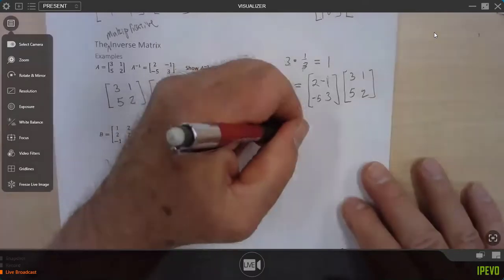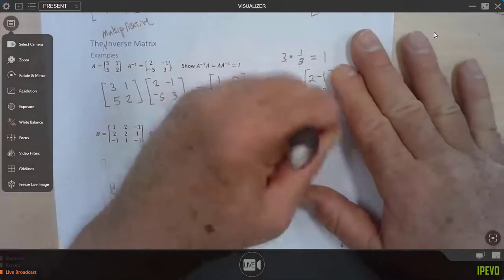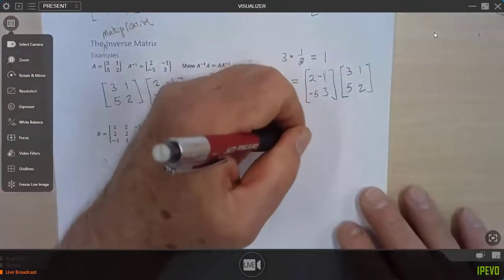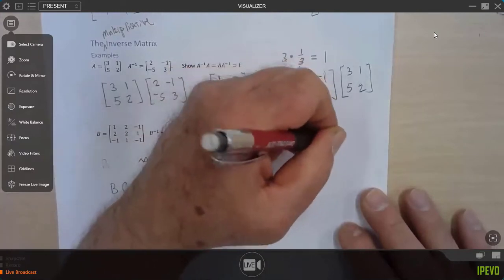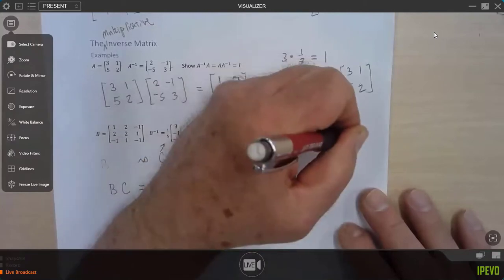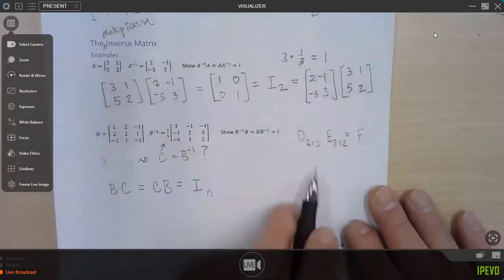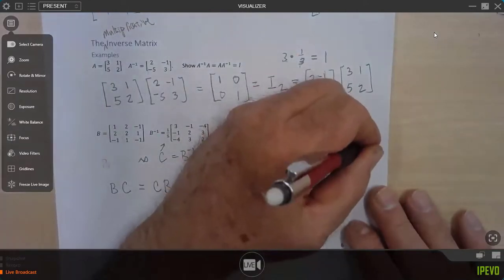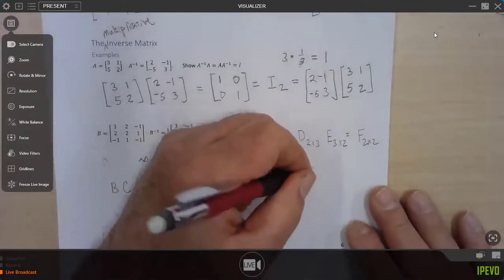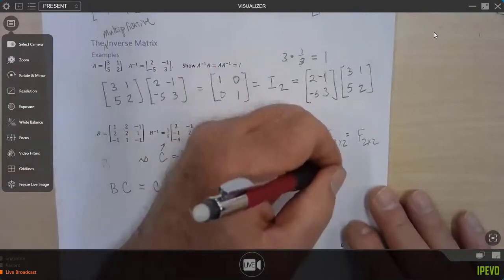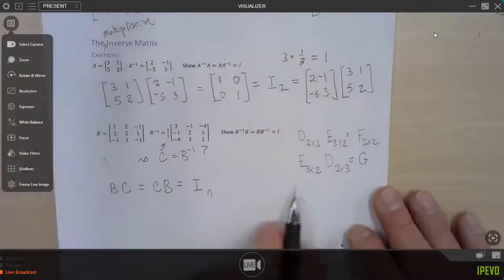So let's see. Suppose I had a matrix D, which is a 2 by 3, and E, which is a 3 by 2. The resulting matrix would be a 2 by 2, right? But if I flip them around, E, 3 by 2, times D, 2 by 3, the resulting would be a 3 by 3.